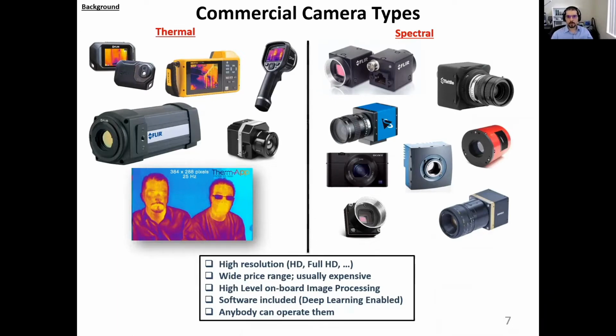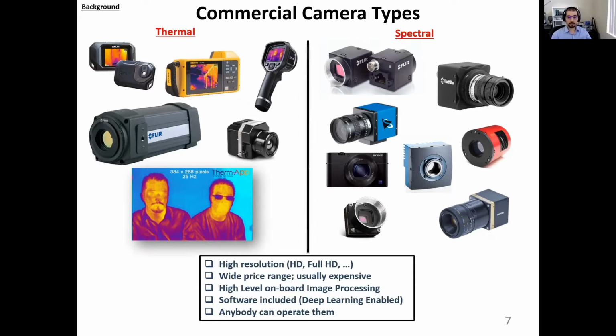There are a variety of commercial cameras that are used in agriculture, and unfortunately, the majority of them are actually designed and developed for industrial applications and are not intended for agriculture, but we use them anyway because we don't usually have other options. This type of camera usually has really high resolution.